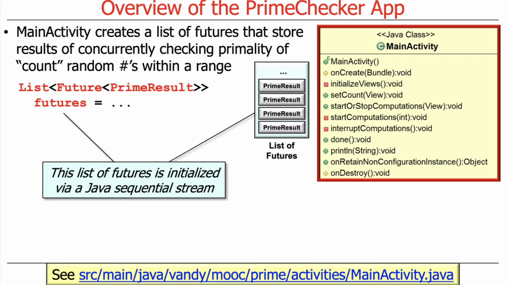And you as the caller might want some way to control the task that is running asynchronously in the background, or perhaps waiting to be run asynchronously in the background. So what we're going to do here is we're going to end up submitting a whole pile of prime candidate requests to our thread pool, and we're going to get back futures for each submission, and we're going to store those things into a list of futures. And then we're going to use that list of futures to get the results, to redeem the results. And you'll see how we do this using Java sequential streams.